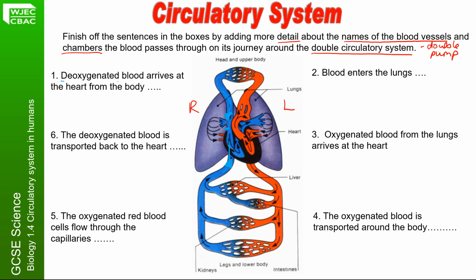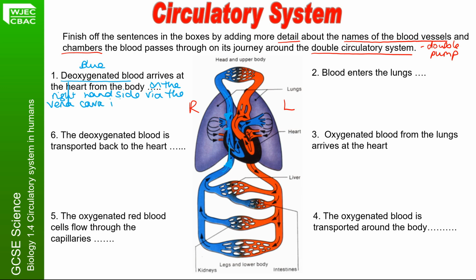So deoxygenated blood, we're going to do in blue, arrives at the heart from the body on the right hand side via the vena cava. So via means by, through that, yeah, via the vena cava.